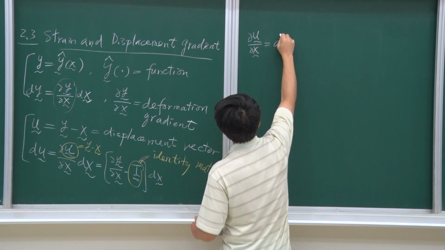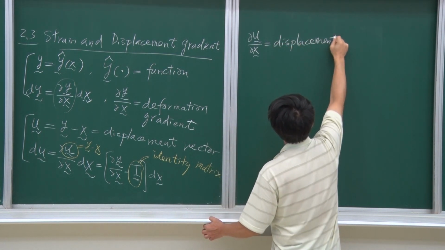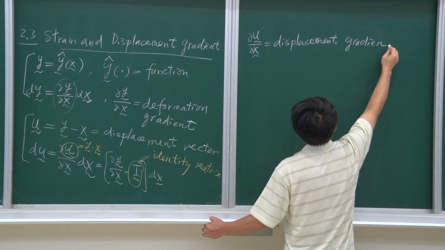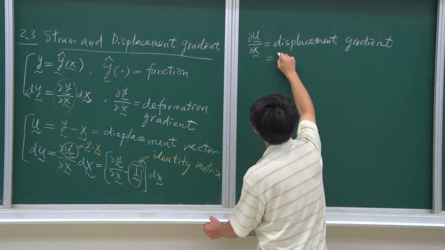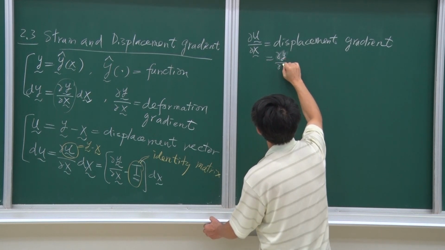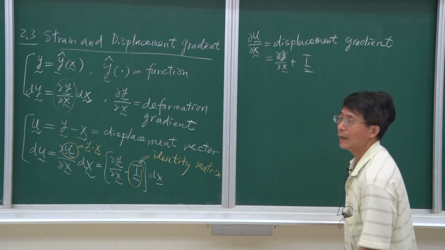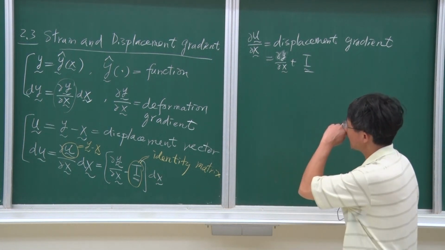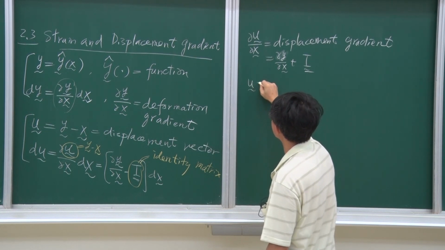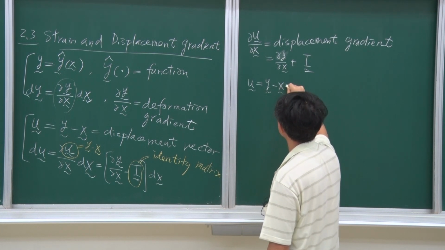Called the displacement gradient. And I want to show you where this comes from. u is equal to y minus x.